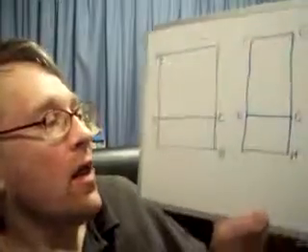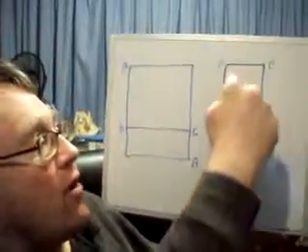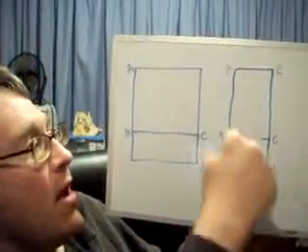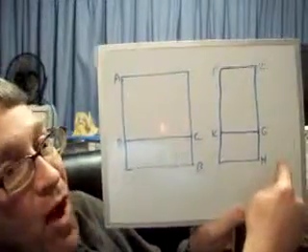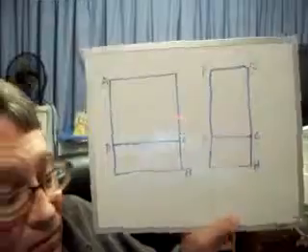Now, the rectangle FH is going to have the same area as AB, and it's going to produce EH as the breadth. So the area inside of this giant rectangle is going to be the same area as in this giant square, and this is going to be the breadth of this rectangle.